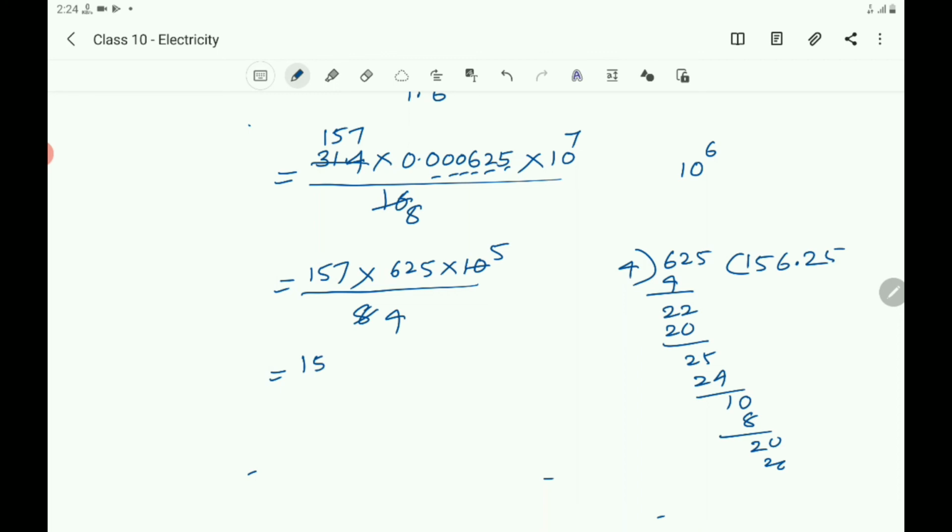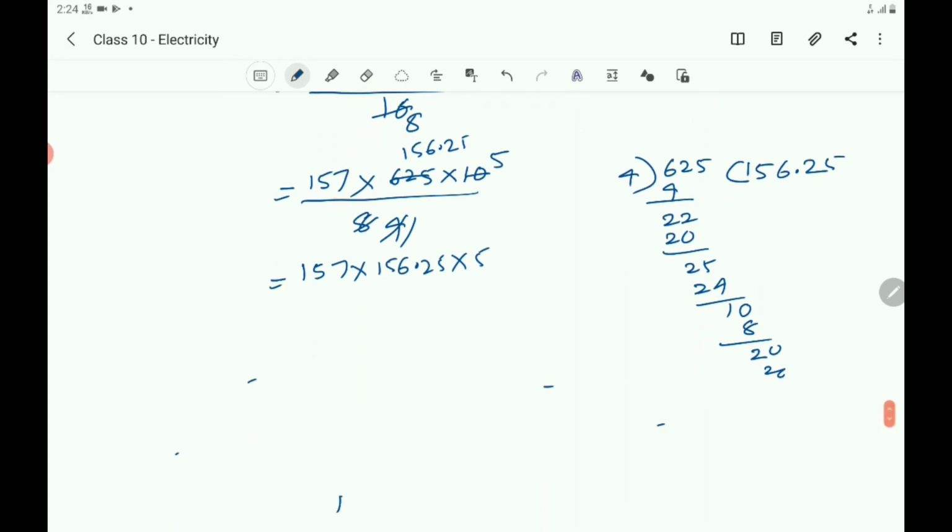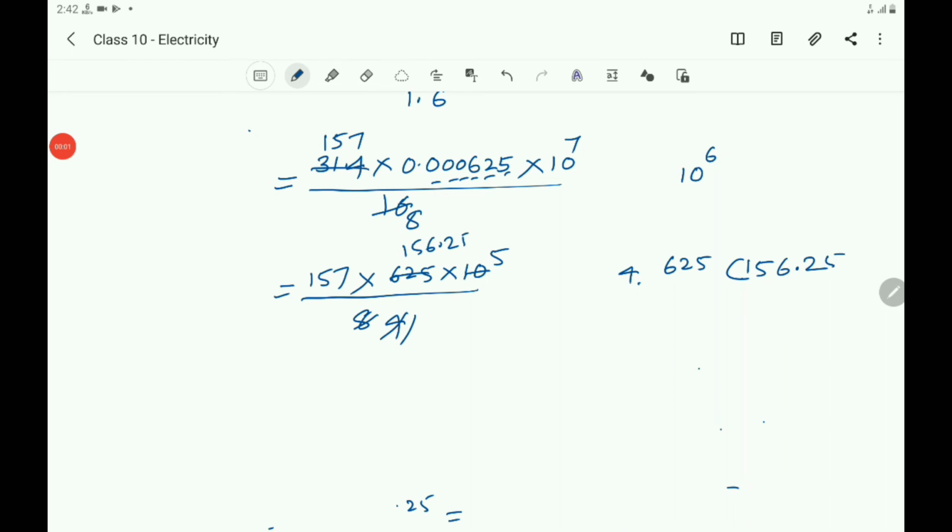Then it becomes 157 into 156.25, into 5. You multiply that, 15.7 into 156.25 into 5.